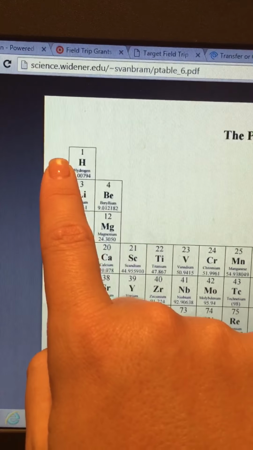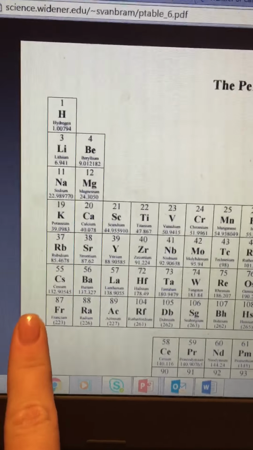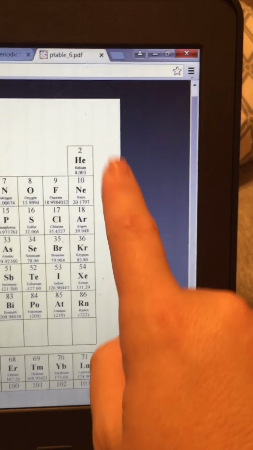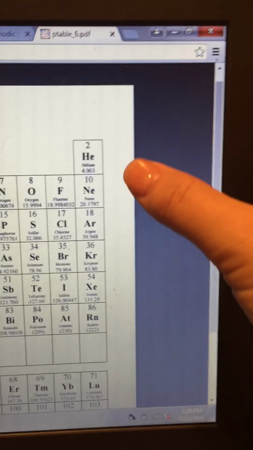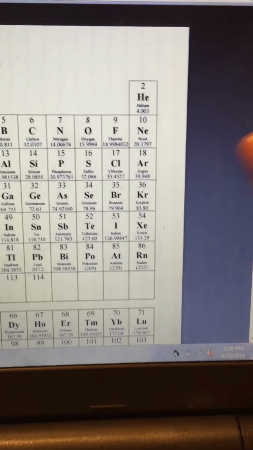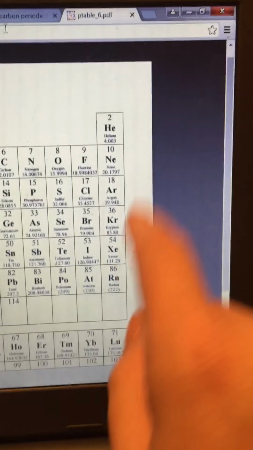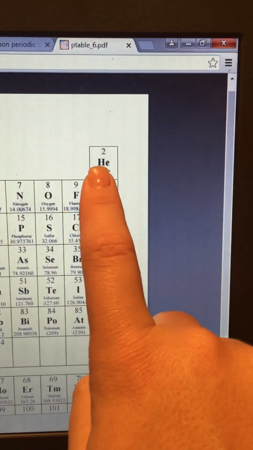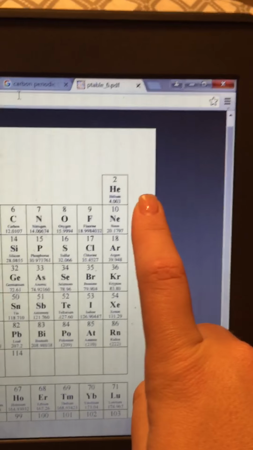So on your periodic table, you should have written out the names here, period 1, period 2, period 3, all the way down to period 7. Then on the far right of your table, you should have drawn the pattern that we figured out. Now, if you don't remember or you don't have a periodic table in front of you, the period determines how many energy rings this atom holds.